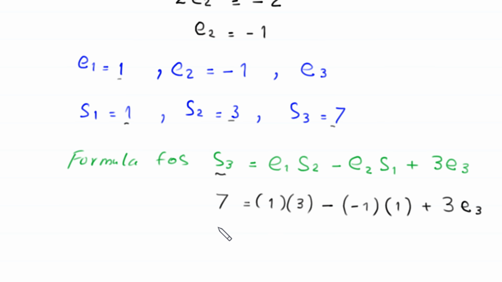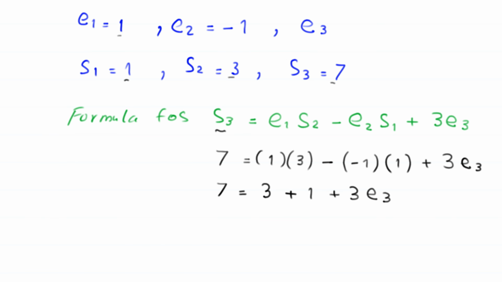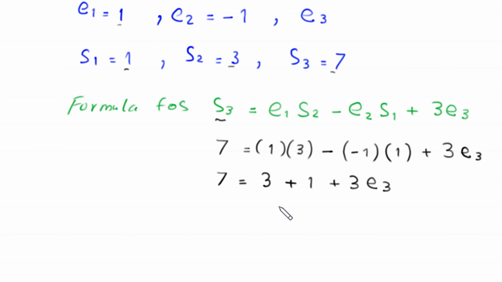Further simplifying, this becomes 7 is equal to 1 times 3 is 3, and negative 1 times negative 1 is positive 1, times 1 is plus 1, plus 3 times E3. So 7 is equal to 3 plus 1, that is 4, plus 3 times E3.